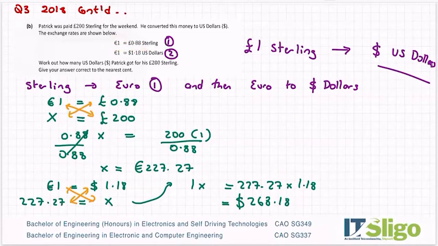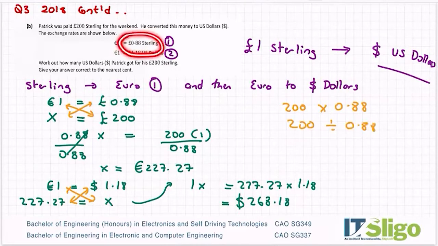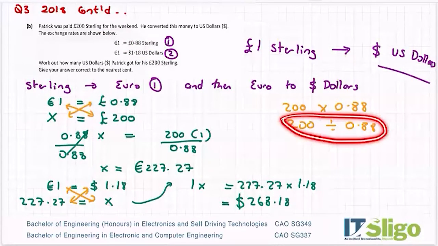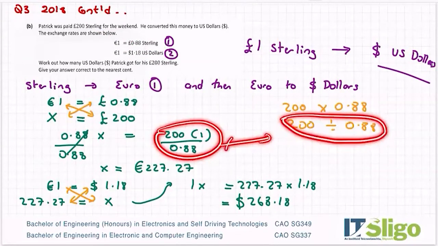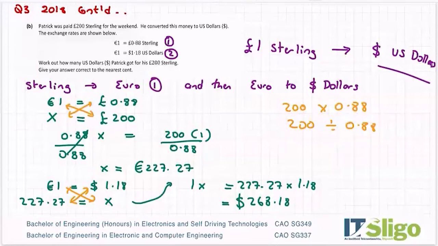Then you take the 200, and in exchange rates you only have two options. You're either multiplying by the 0.88 or dividing by the 0.88. You're always doing either multiplying or dividing by the exchange rate. So see which one of these gives you the bigger number, because you've worked out euro is going to be bigger. 200 divided by 0.88 will do the exchange rate for you. It's the same when you look at euros to dollars.